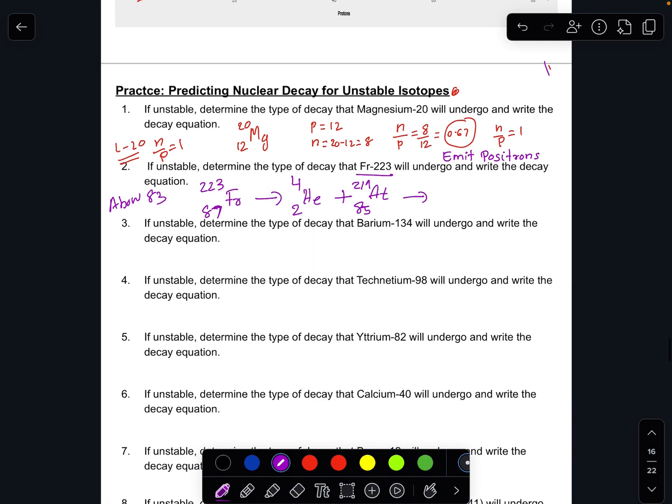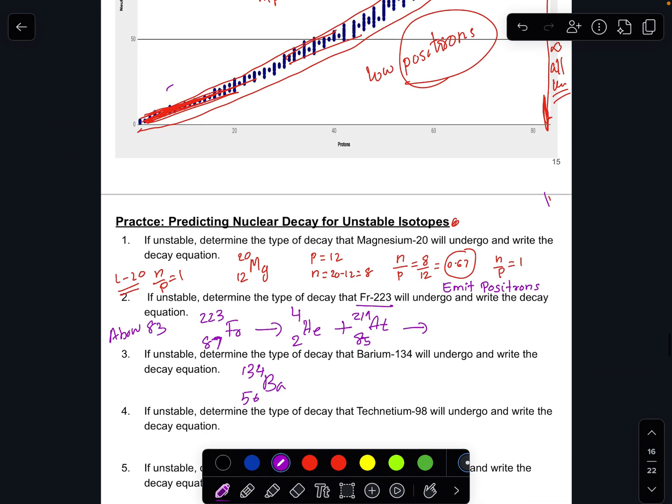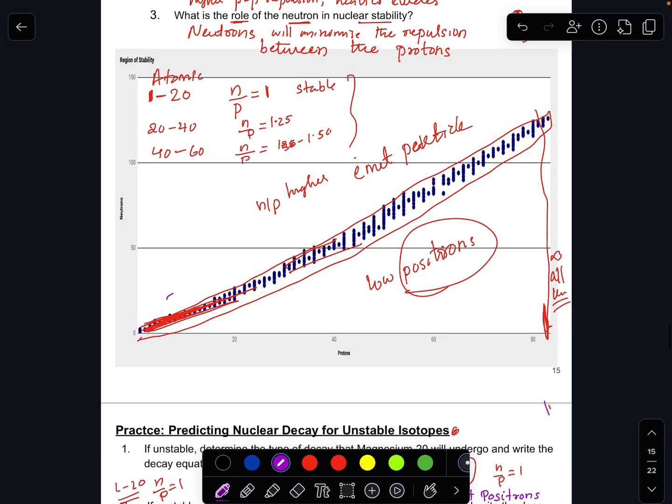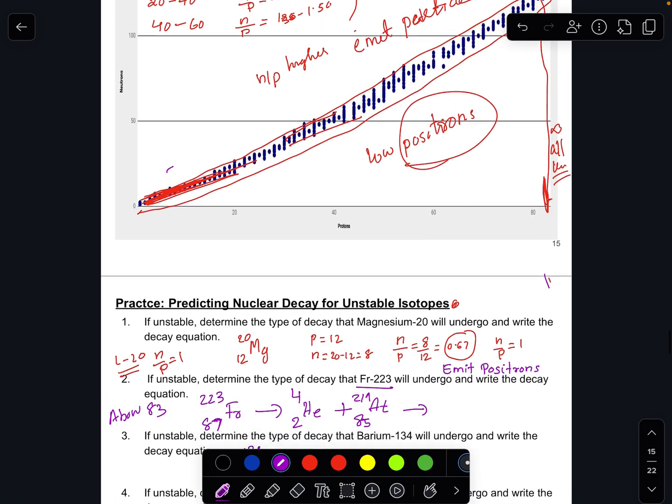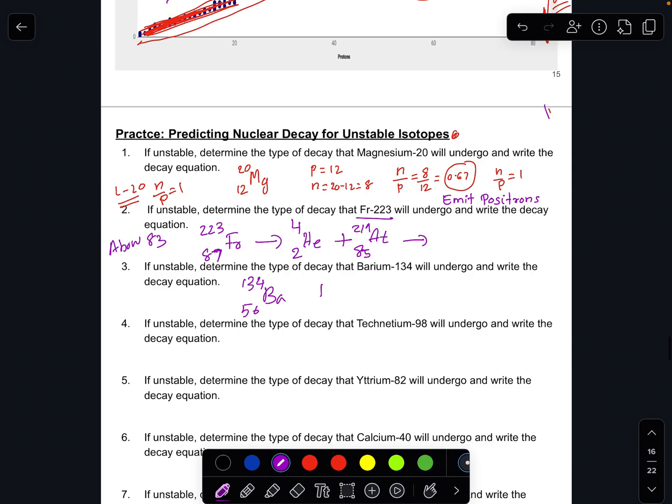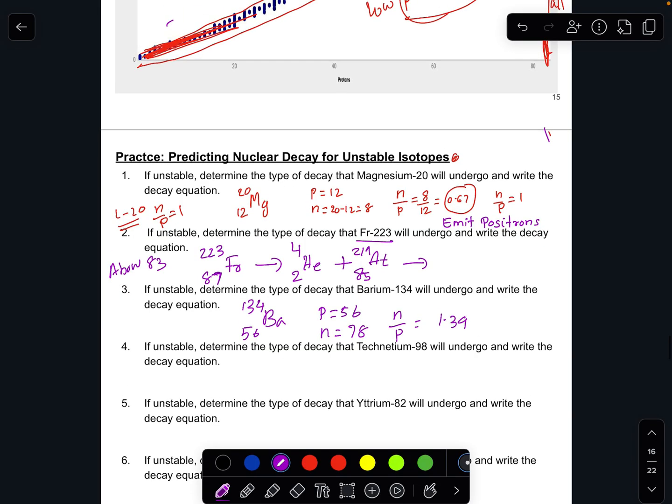Okay, so next one, this is barium with mass number 134 and atomic number 56. That is coming in this range, so it must be between 1.30 and 1.50. Protons are 56, neutrons are 78. Then take the ratio and you will get 1.39.